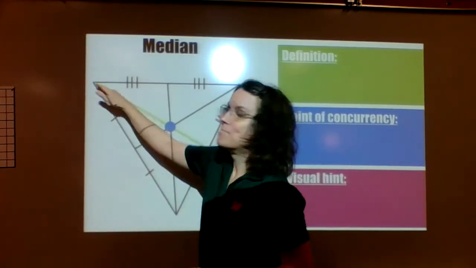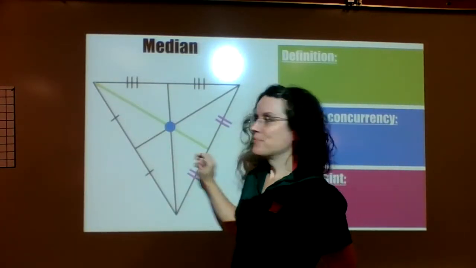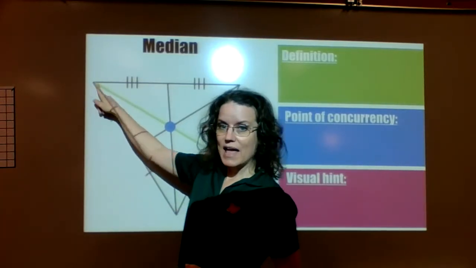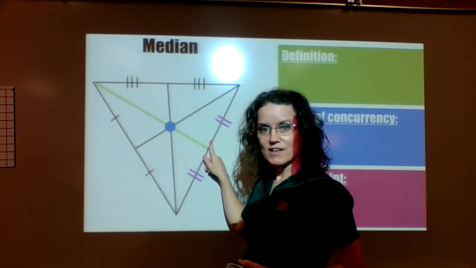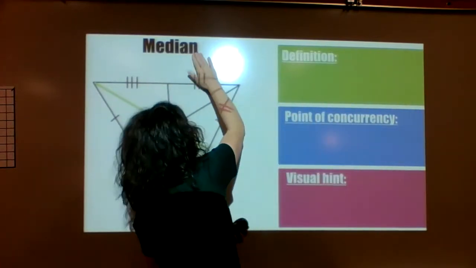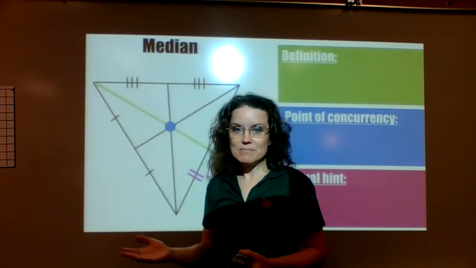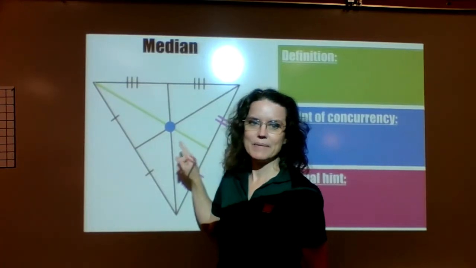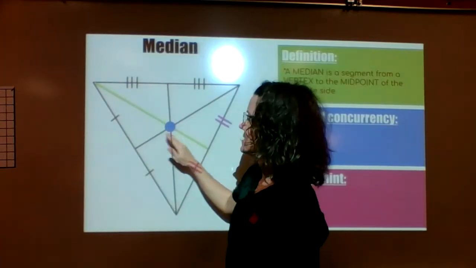That makes it a bisector, okay? And so if you have a segment that goes from a vertex and bisects the other side, this is called a median. It's the median because it goes through the middle of a side, okay? And so we've got our median here.